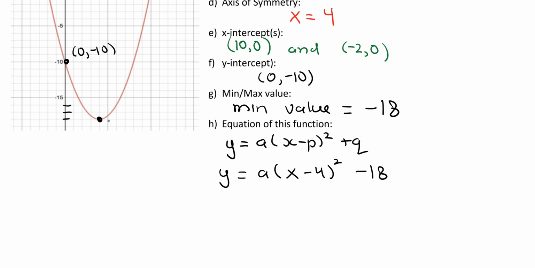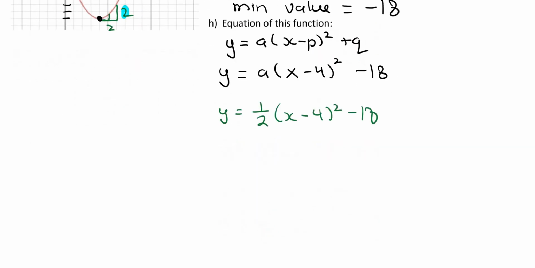So we go over 1, up a half, over 2, up 2. So it looks like the heights here are being split in half, right? So that means the a value has to be 1/2. All right, so there's your equation right there.